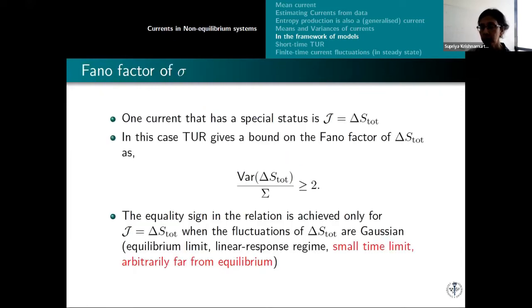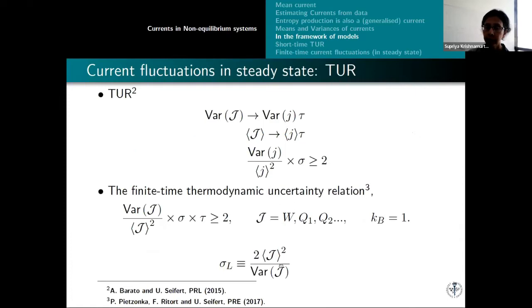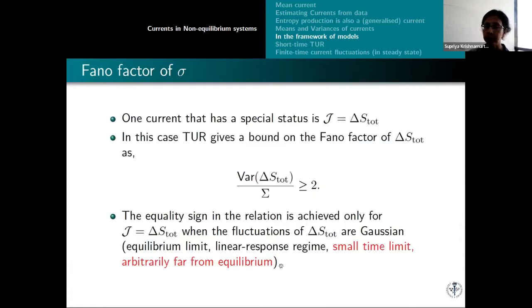So there was a lot of interest in the TUR from that point of view. Maybe just to mention one more thing: as I said, the total entropy production is also a special kind of current. If you put that in here, this TUR predicts a bound on the Fano factor of the total entropy production.